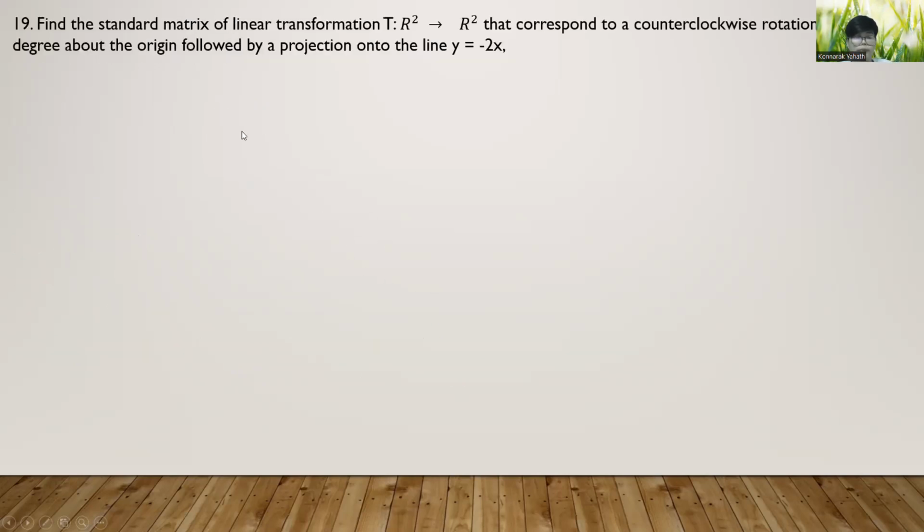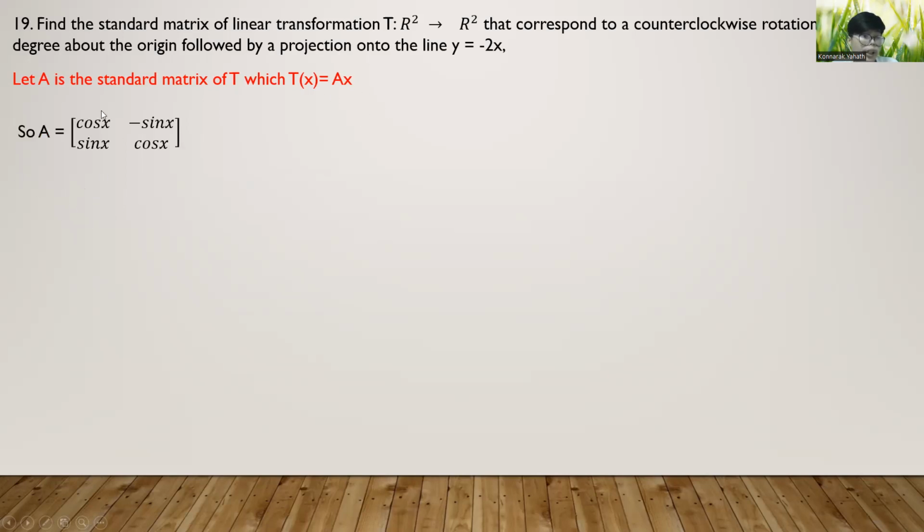For the last problem, they want us to find the standard matrix of a linear transformation that corresponds to a counterclockwise rotation of 45 degrees about the origin, followed by a projection onto the line y equal to minus 2x. So let A be the standard matrix of T, with T(x) equal to Ax.